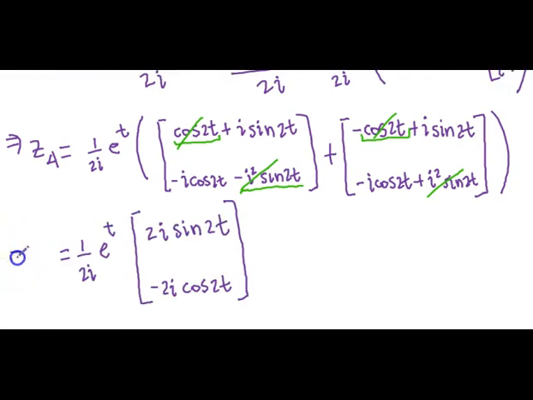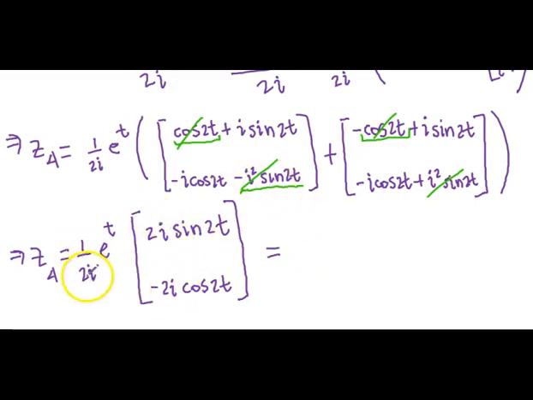So this would imply that z4 takes the form of this vector with coefficients 2i in the first entry, negative 2i, but that's where this coefficient 1 over 2i will be very convenient. So this will simplify these terms.